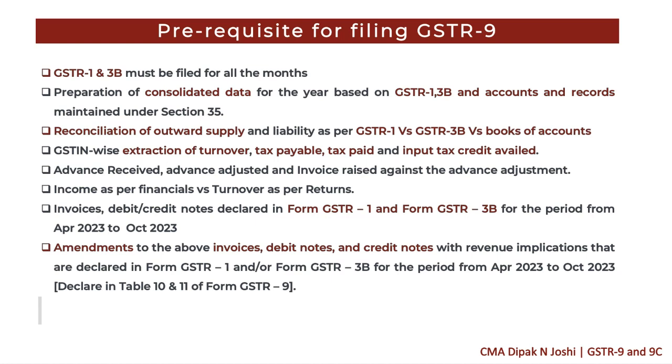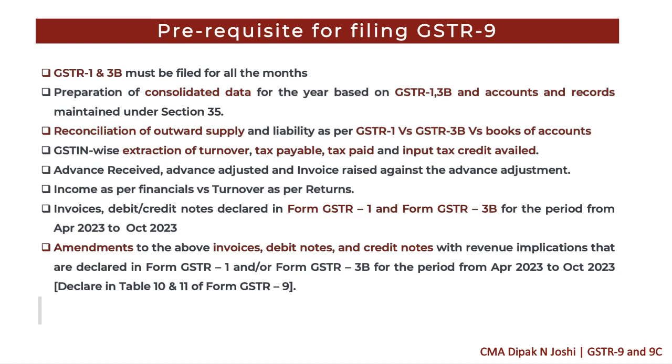So while preparing GSTR 9 and 9C, a registered person should also prepare details of invoices and debit notes which are declared in GSTR 1 and 3B for the period from April 2023 to October 2023, which are pertaining to FY 2022-2023.